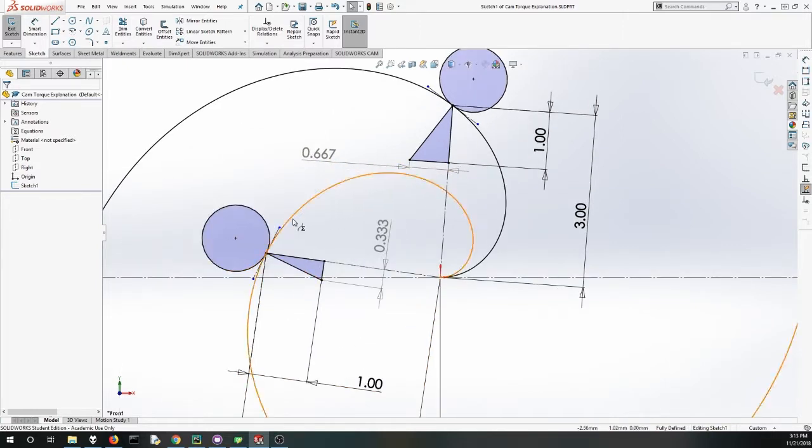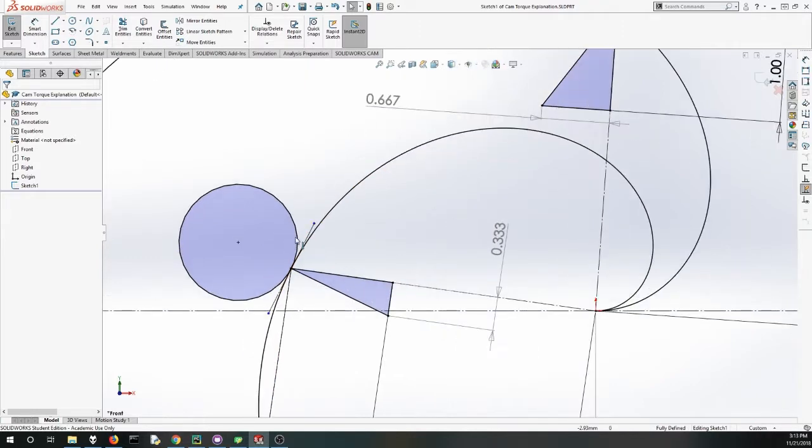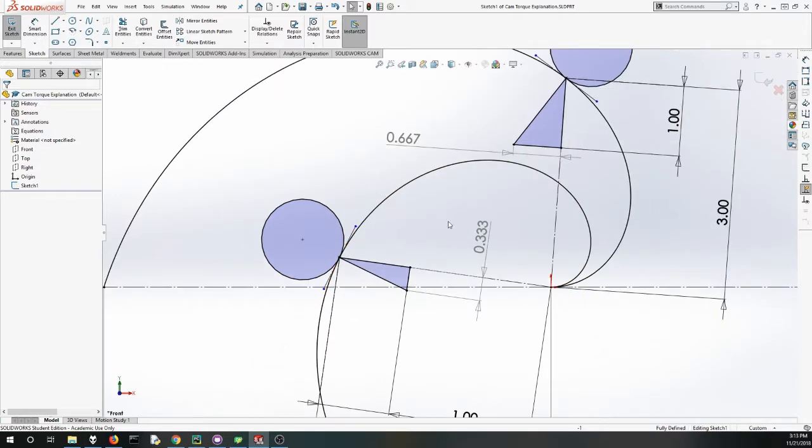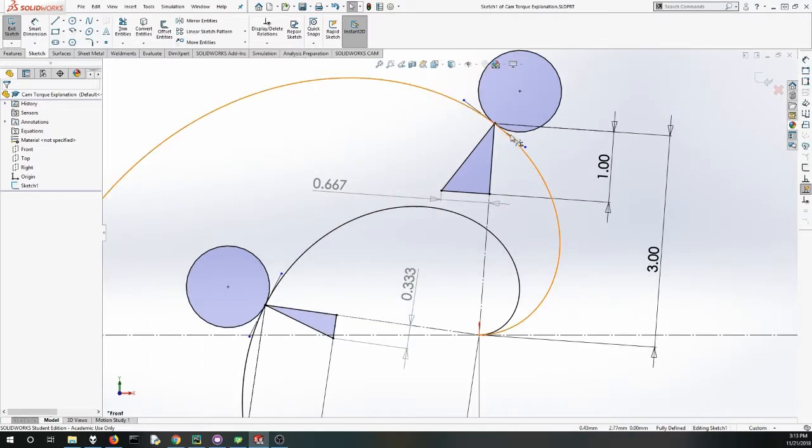So next I have two lines that are tangent to both the circle and the cam profile.